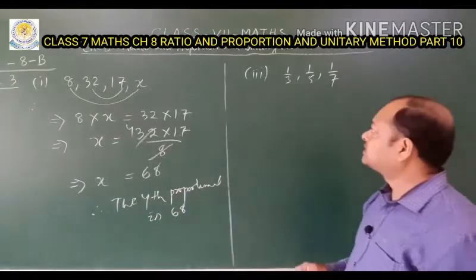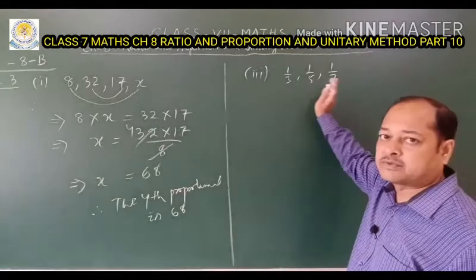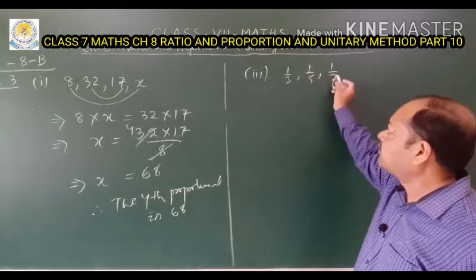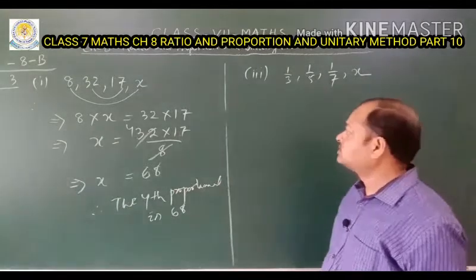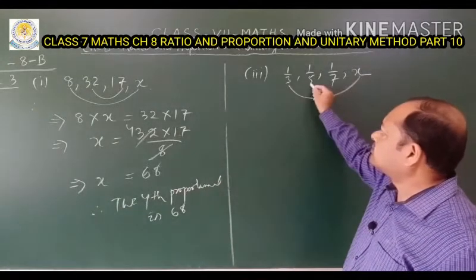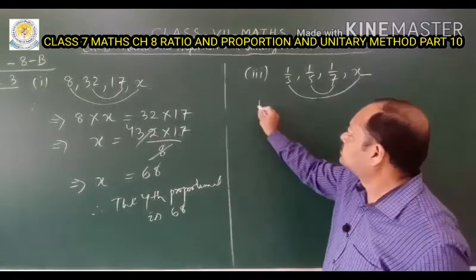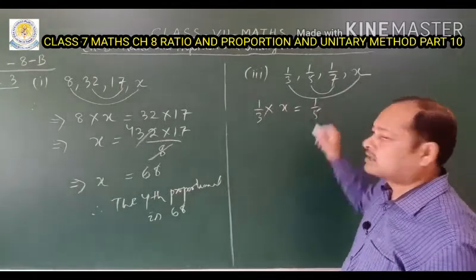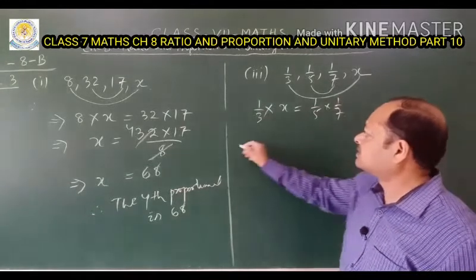Okay. Now we will discuss the next question. It says find the same fourth proportional. Here three proportionals are already given, that is 1 by 3, 1 by 5, 1 by 7, and let the fourth proportional be x. So the same formula will apply. The product of the extremes equals the product of the means. What are the product of extremes? 1 by 3 into x equals the product of means, 1 by 5 into 1 by 7.